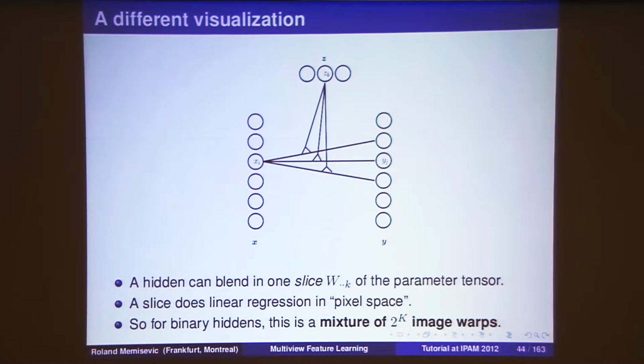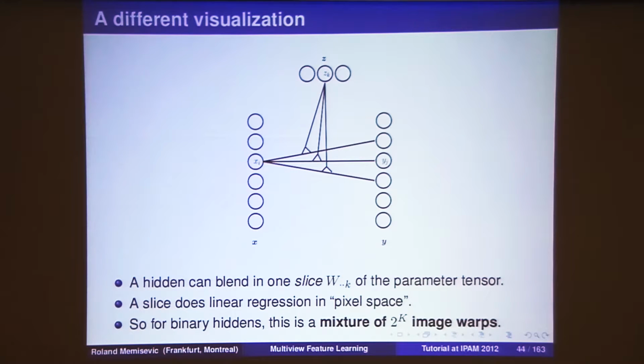If you assume that the hiddens here are binary, then you can think of the hidden, when it's on, as blending in a slice of this tensor. And what does this slice do? The slice is going to be a matrix that connects every input pixel to every output pixel. And what is that? A matrix that takes one image x to an image y.